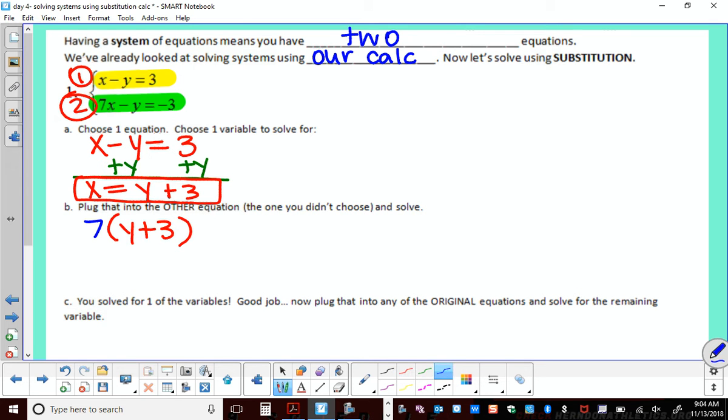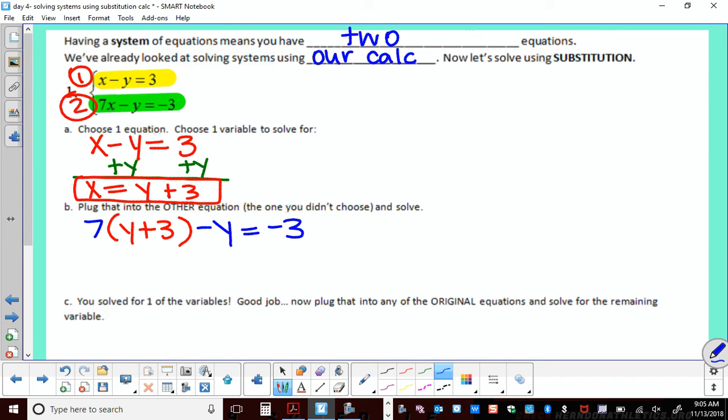So 7x minus y equals -3. You got me so far? That's our substitution. We subbed one equation in for the other.